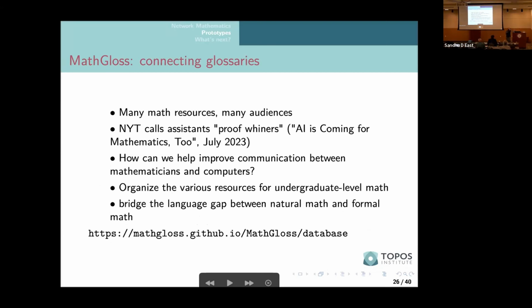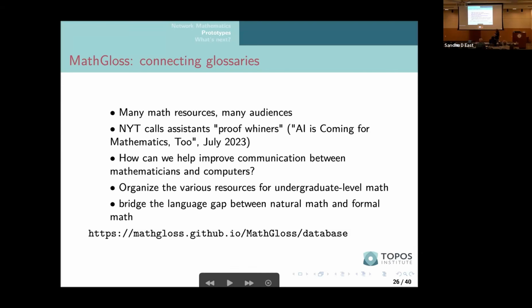which is the 3rd prototype. I promise it's the last bit of computing that I wanted to talk about, MathGloss. MathGloss is this idea that I was mentioning before, that there are many math resources already on the web, with many audiences, with many intentions from their creators.